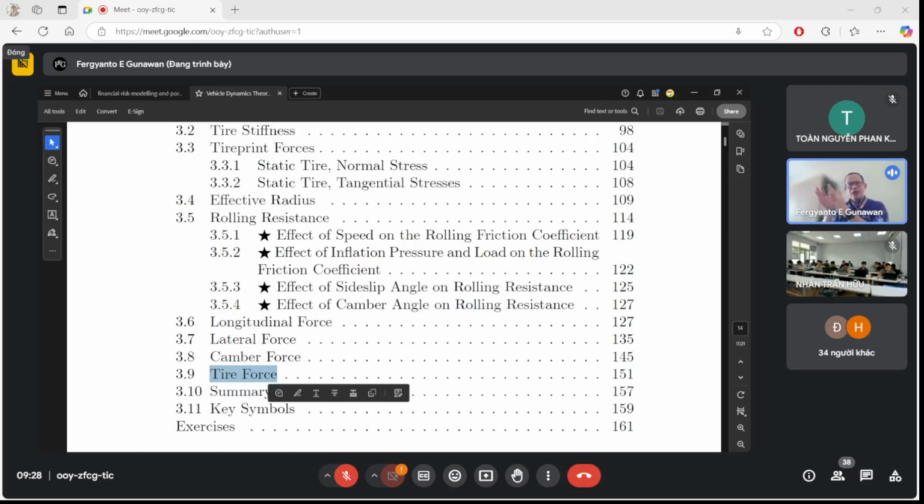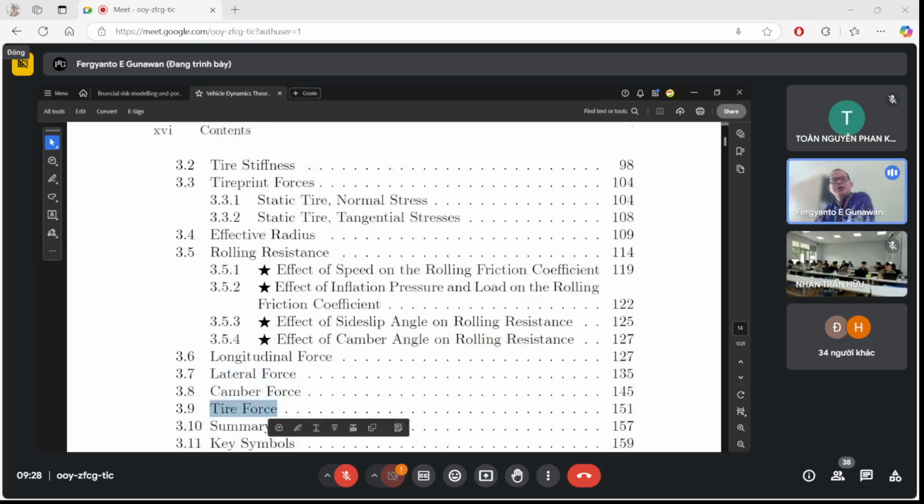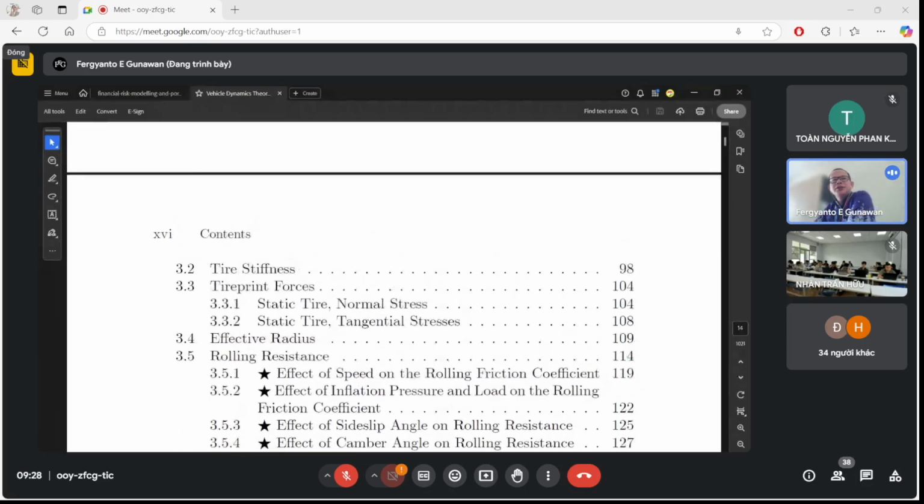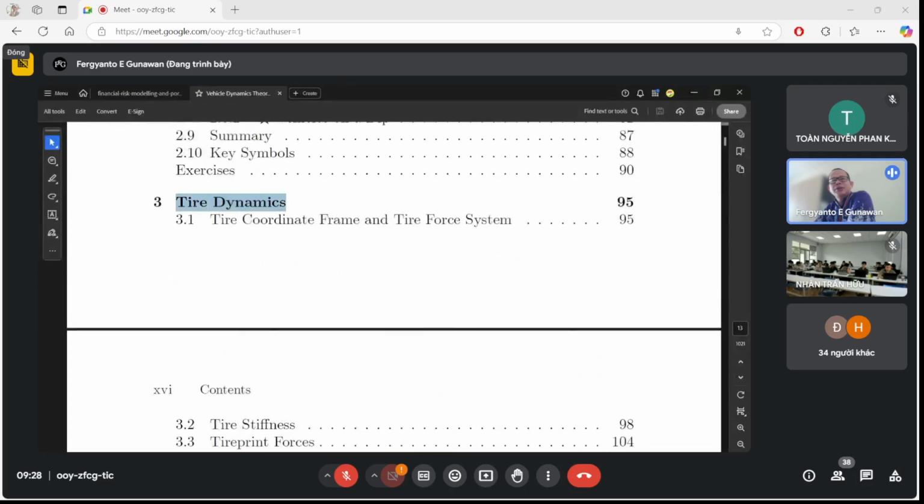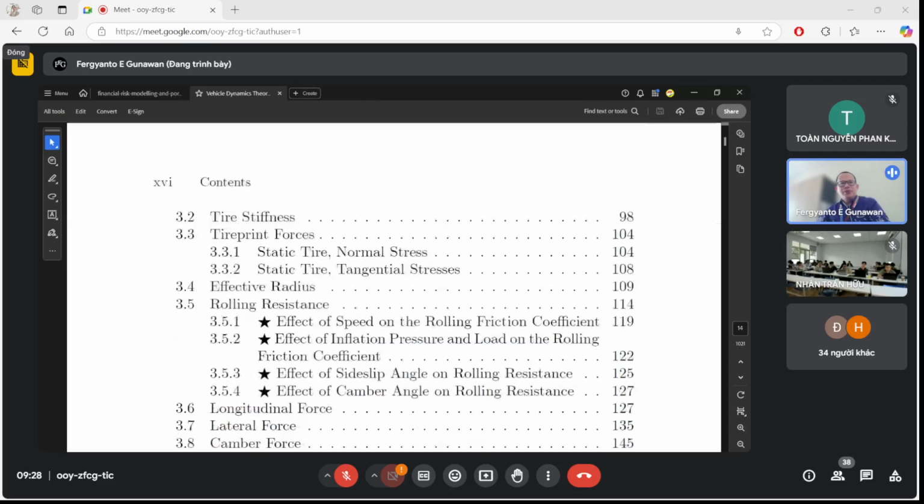When you turn your vehicle, you produce two angles, the alpha angle and the gamma angle, and due to them you produce a tire force mostly in the lateral direction. So that was the subject of discussion in this chapter, the tire dynamics. We discussed practically the Fy, the lateral force due to the movement of the vehicle. That was chapter 3.